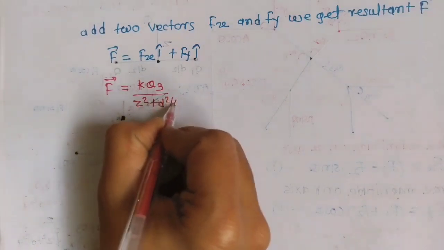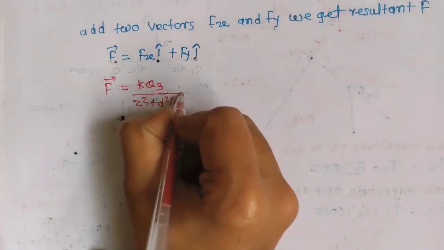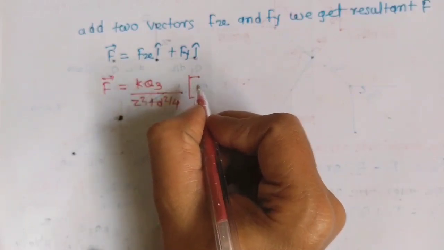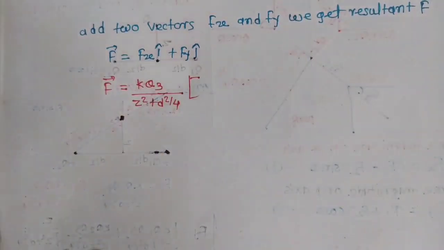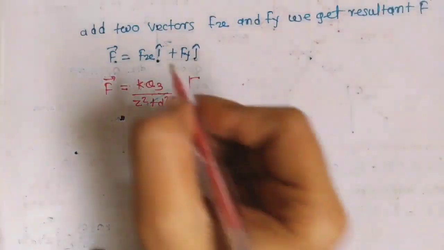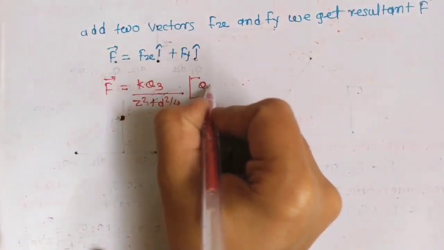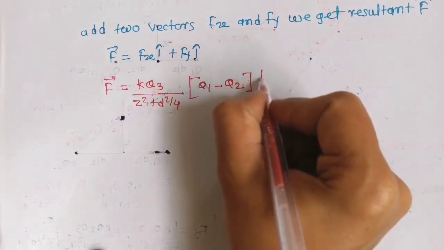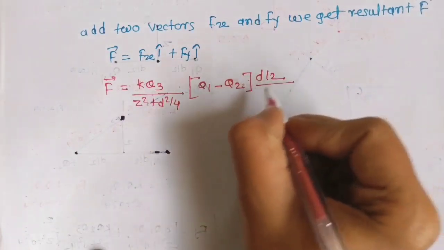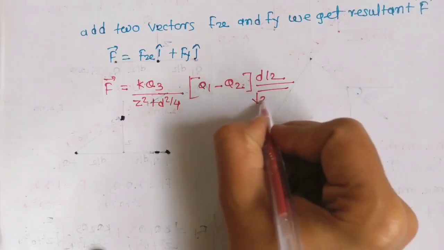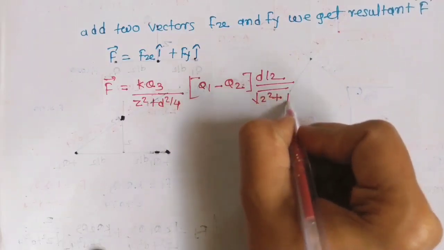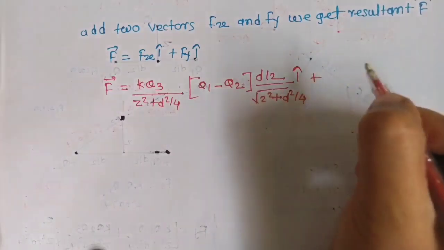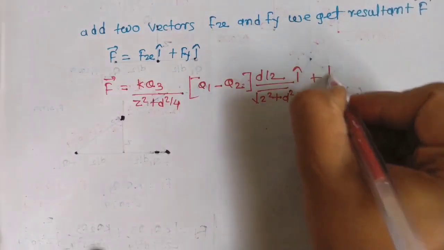This f bar is equal to k q3 upon z square plus d square by 4 into (q1 minus q2) d by 2 upon under root z square plus d square by 4 i cap plus, what is fy?